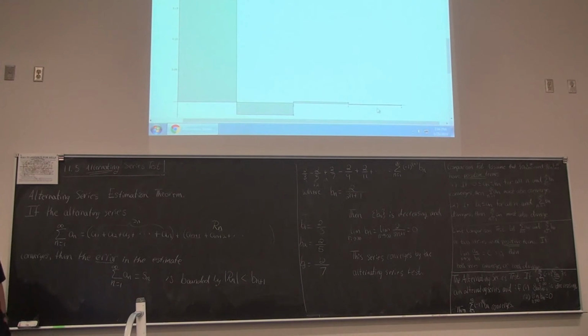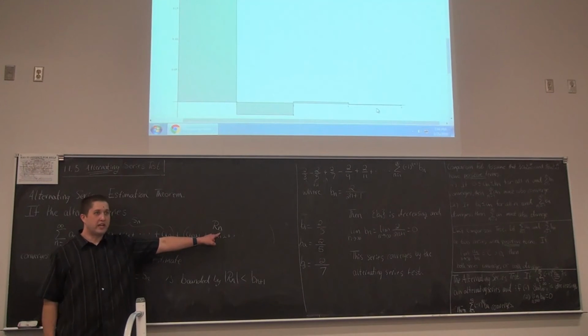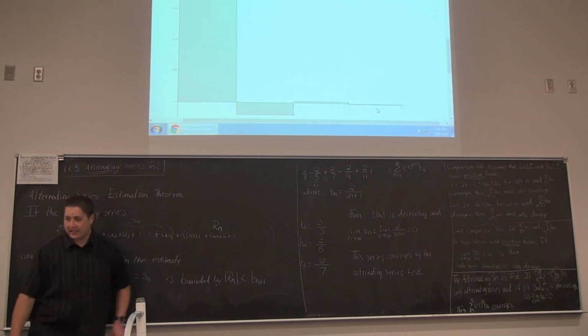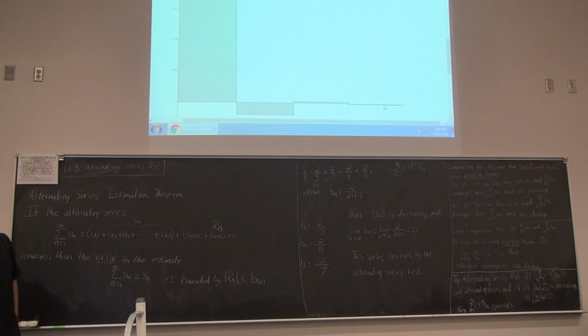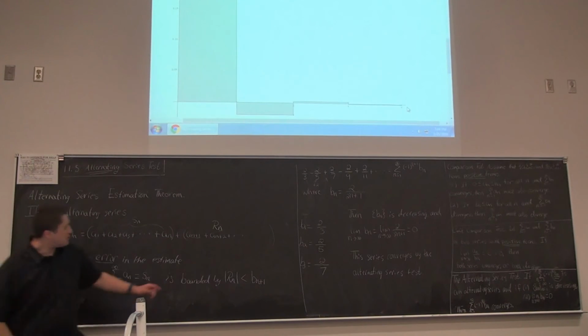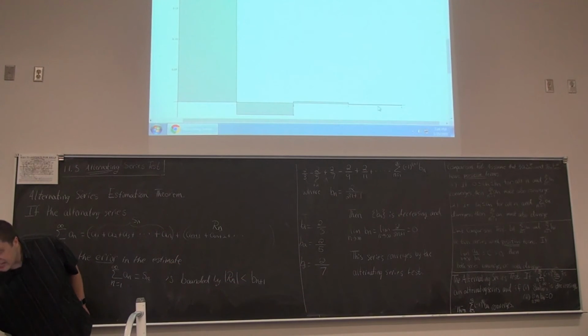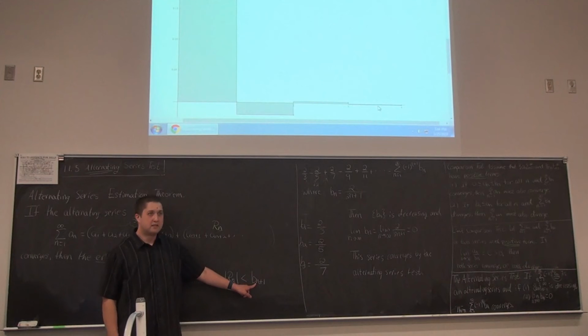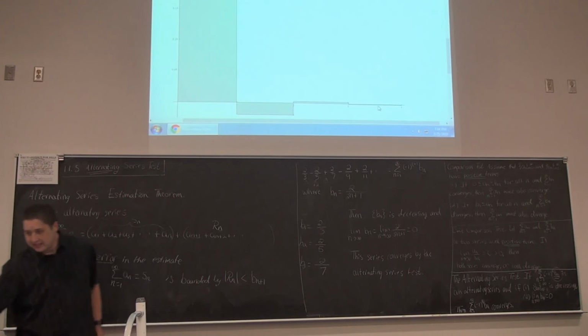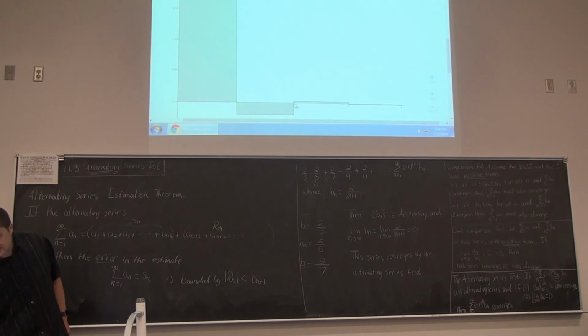And this would be essentially R3. This is going to be the remainder of everything else. So everything else that goes beyond to the right, well, it's going to be above and below, but it's always going to be less than B4, which is this negative height right here. So if I estimate with S3, I have to take this atom together, the signed heights.